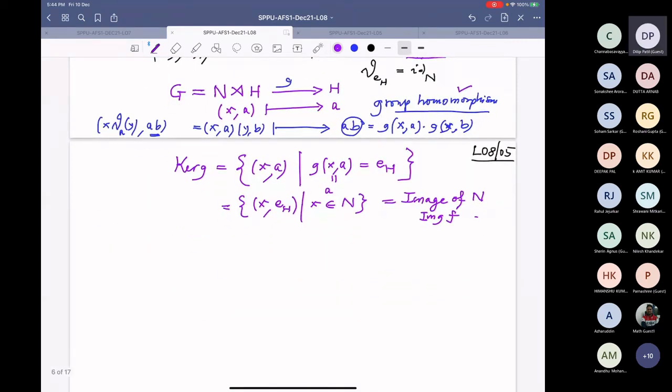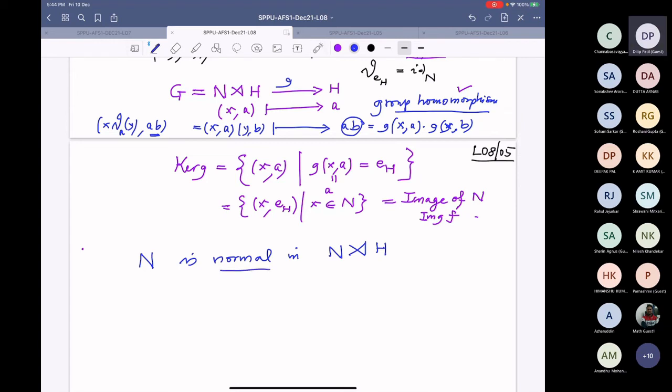All right. So we have checked that. What did we check? Let me summarize. What we have checked is that N is normal in this semi-direct product with H. When you say N, that means the image of N, that means we are identifying N with its image.